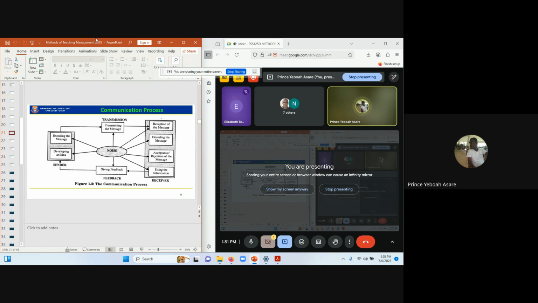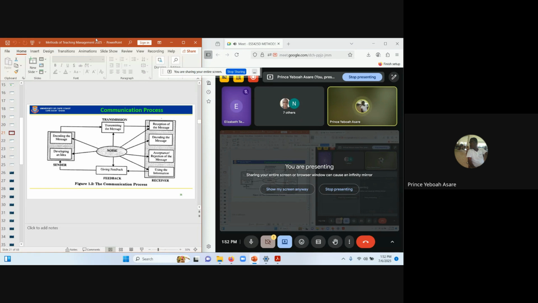Once the idea is developed, the teacher must put it in a form that students will understand. This is what we say when you encode the message. So encoding is where you put the idea in a form.